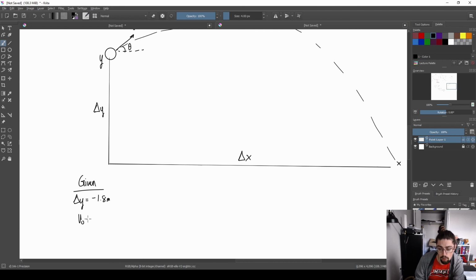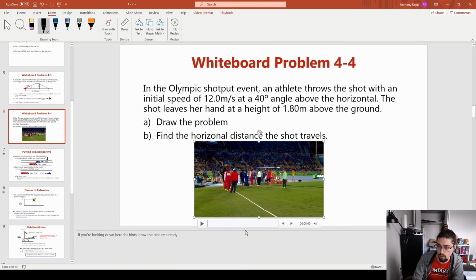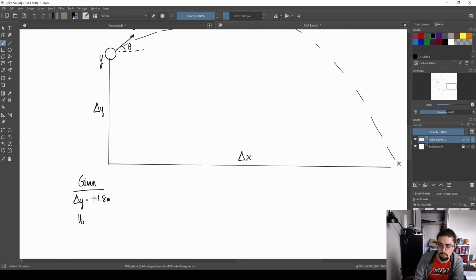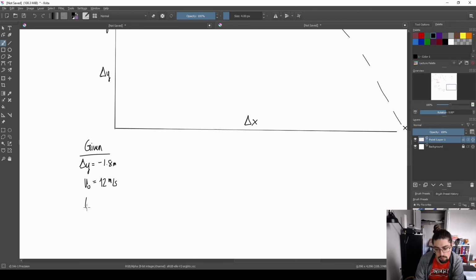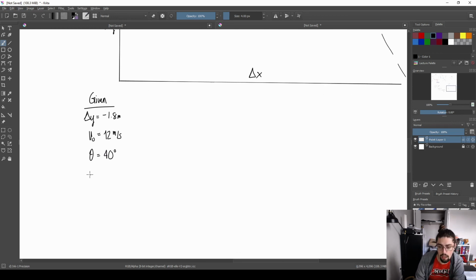My magnitude of v naught, if we go back to this thing, we say, hey, that was 12 meters per second at 40 degrees. Okay, I know that my acceleration in the y is negative g. I know that my acceleration in the x is 0. And is there anything else we have? I think that's about it.